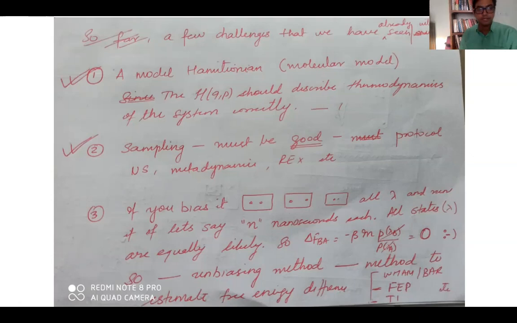And then we'll talk about the unbiasing aspects of these things also, because if you bias all the configurations, let's say for the same time scale, take butane, our favorite example, or alanine dipeptide, and you take the psi angle or one of these dihedral angles, and you simulate 0 degrees at, let's say, 5 nanoseconds, 1 degree at 5 nanoseconds, 2 degrees at 5 nanoseconds, and so on and so forth. So all the 180 or 360 degrees you have simulated, let's say, at equal time.